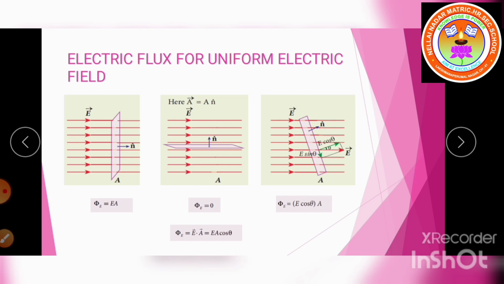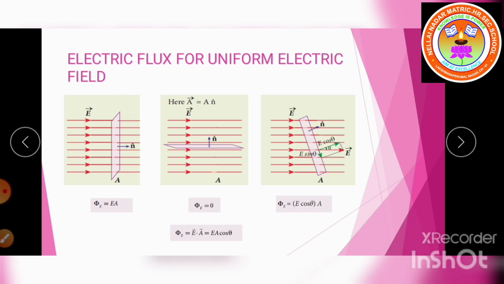In the first case, this is the direction of the electric field and along this direction the normal is also acting. So the electric field and normal are acting along the same direction, so theta is equal to 0.